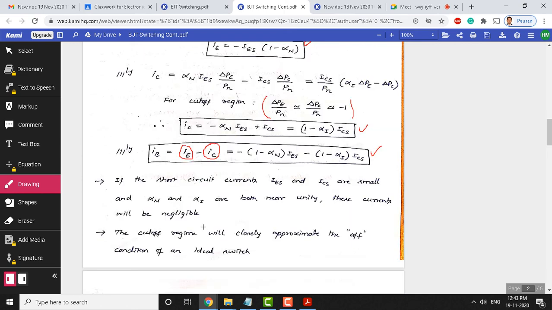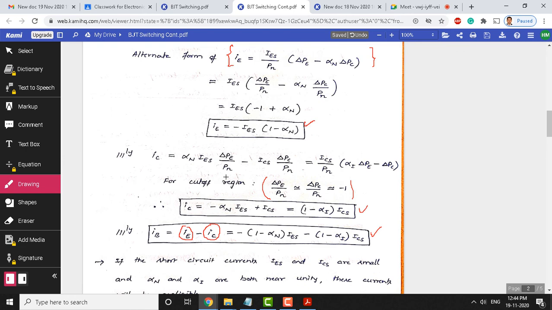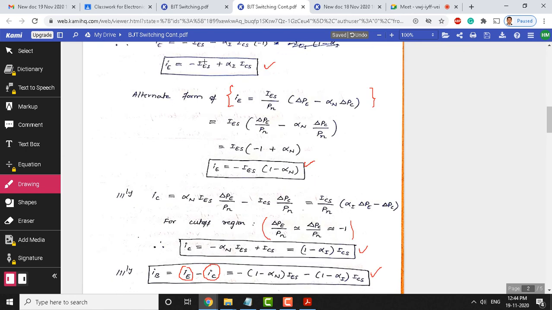If the short circuit currents IES and ICS are small, okay, so this is the IES you can see here, and ICS, these are short circuit currents, if they are small, and alpha n and alpha I both are going to become unity, this total current becomes negligible. You can even see the emitter current: if this is small, and alpha I is tending to unity, then definitely this IE becomes 0.